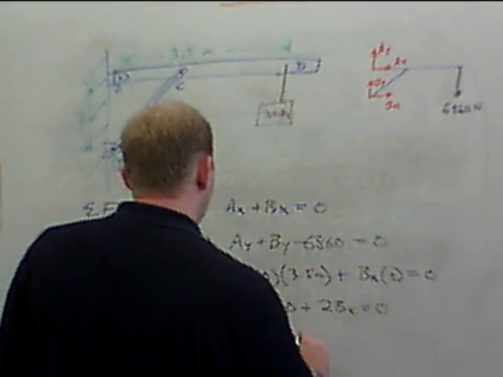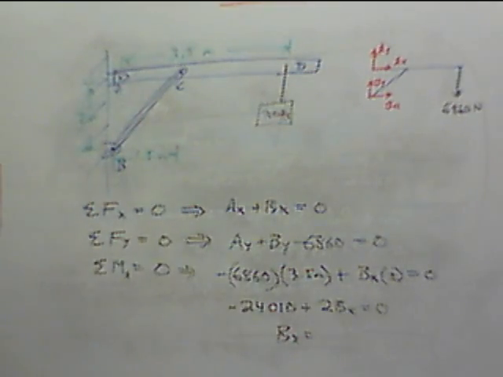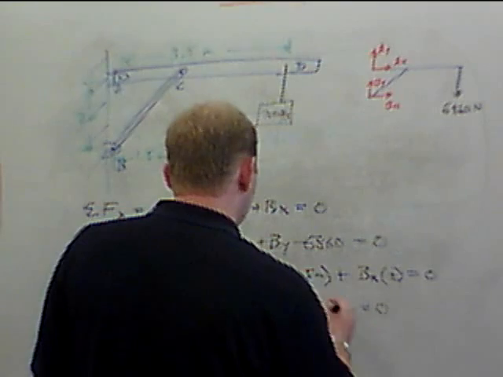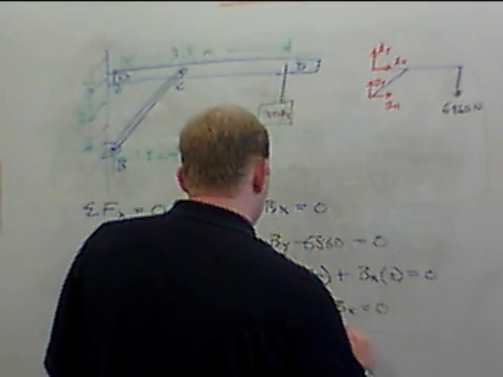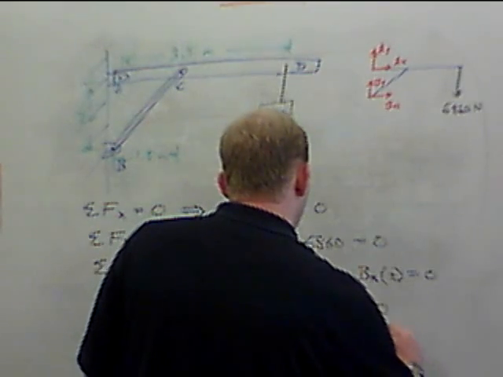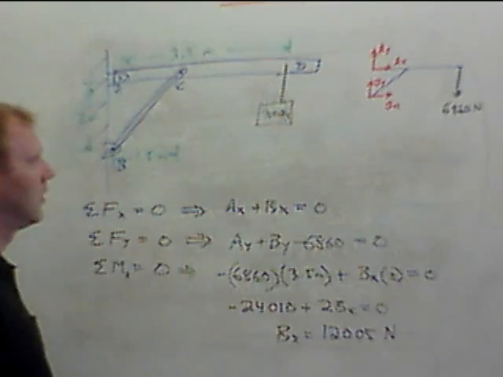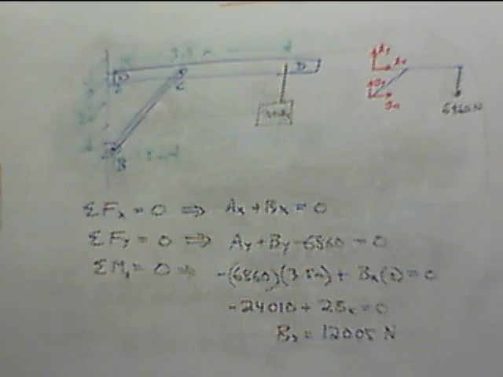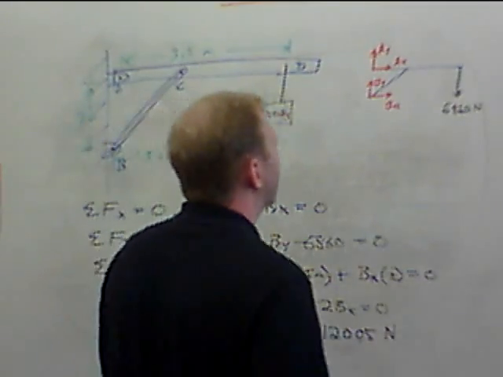Rearranging, BX equals that divided by 2, which is 12,005 newtons in the positive direction, which makes sense.